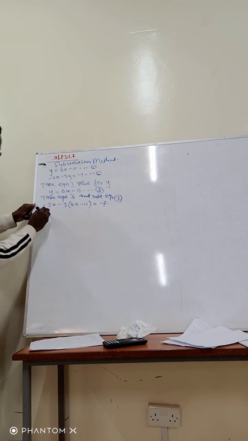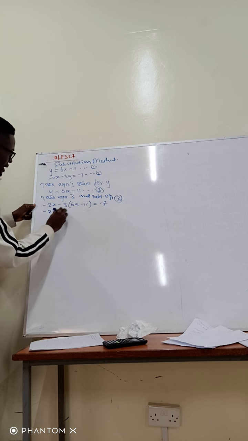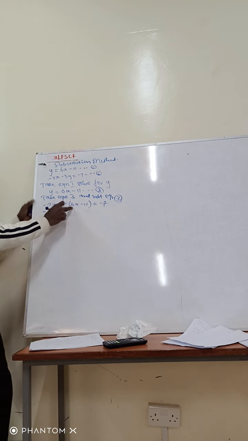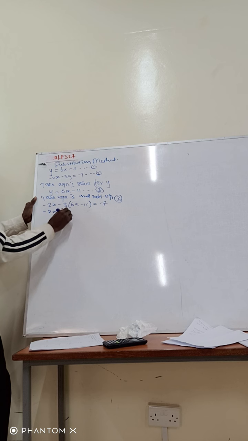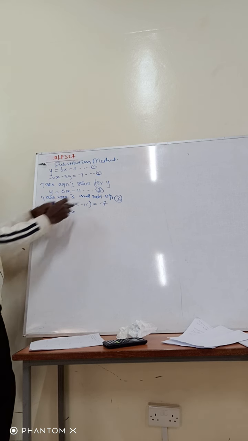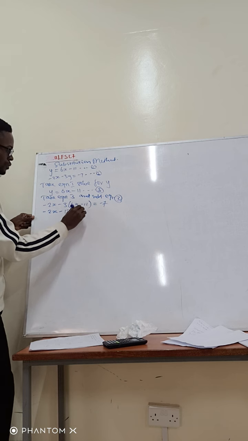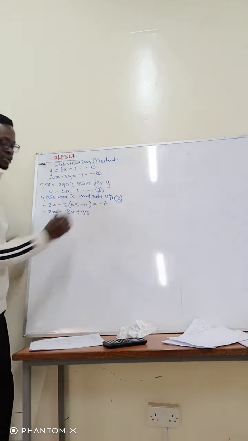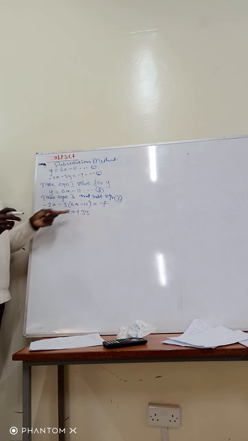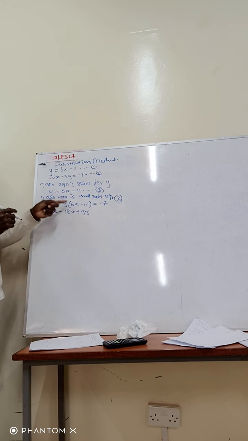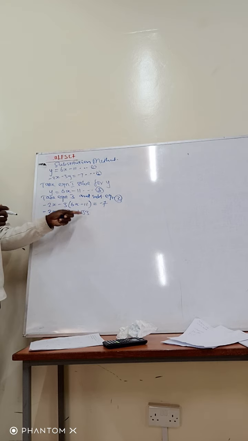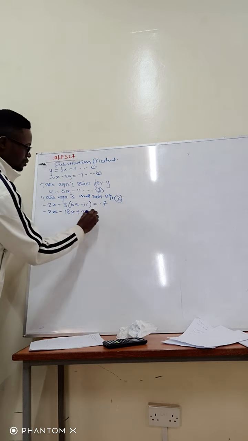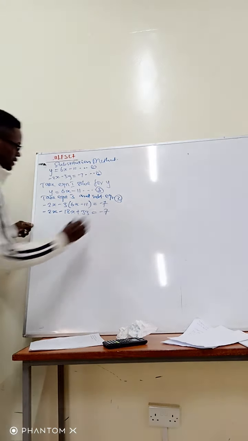This becomes negative 2x minus 3 times 6, which is 18x. Negative 3 times negative 11 is going to be positive 33. You can use your calculator to combine. Negative become positive, so it is positive 33, and this is equals to negative 7.